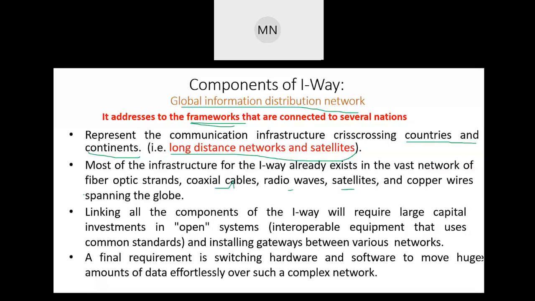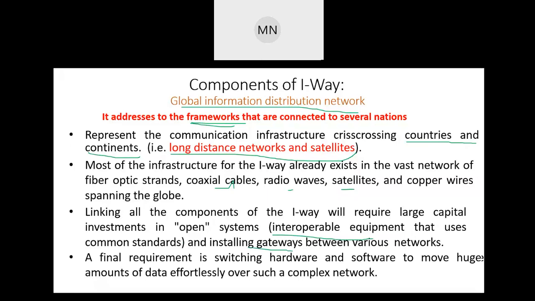Linking all the components of the highway will require a large capital investment in open systems and installing gateways between various networks. So here already each and every nation will have its own network. All these networks have to be connected together. That's why the equipment that has to be used in the highway should be in such a way that we can connect different networks, and each network has to use some common standards, as well as some gateways.